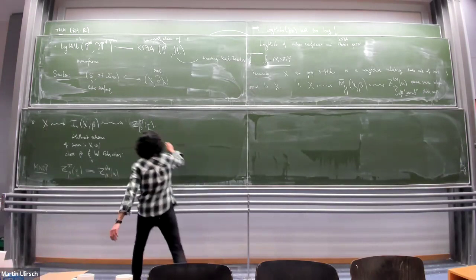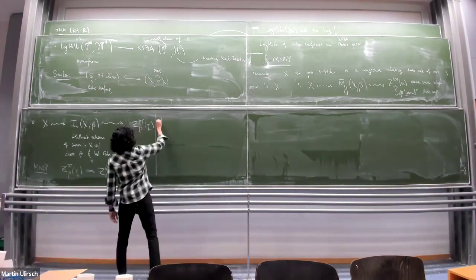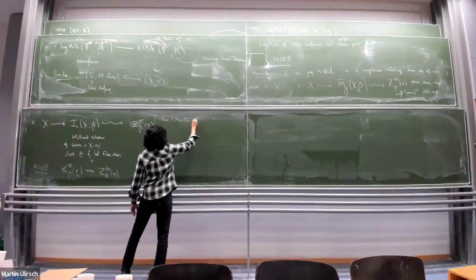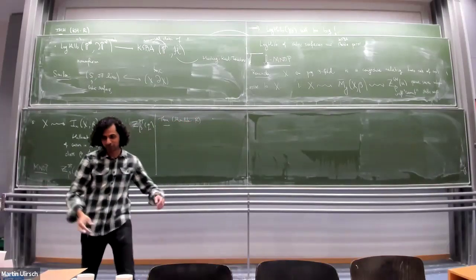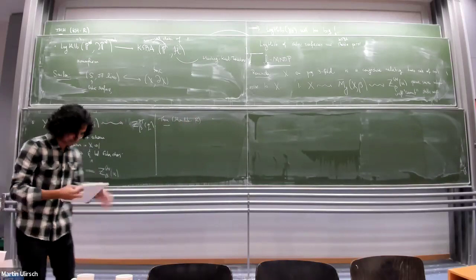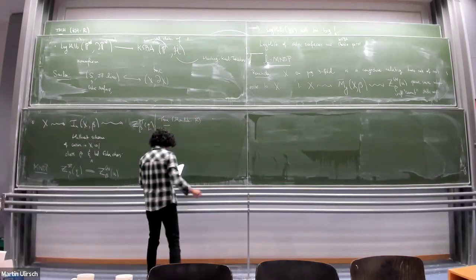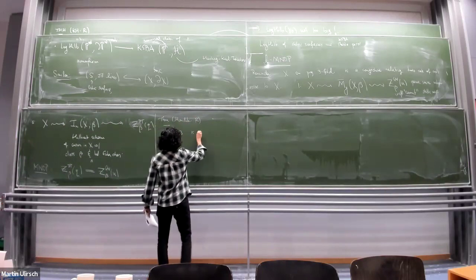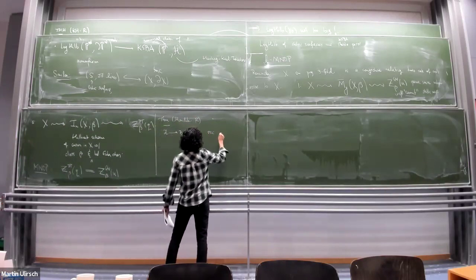Okay, so let me state a theorem. All right, don't worry, this is not going to be a proof of the MNOP conjecture. You can stop writing. Okay, so let's say X to B is an SNC degeneration as previously.